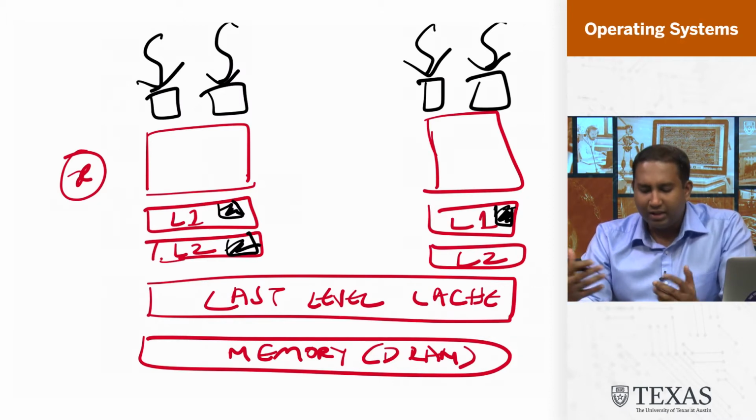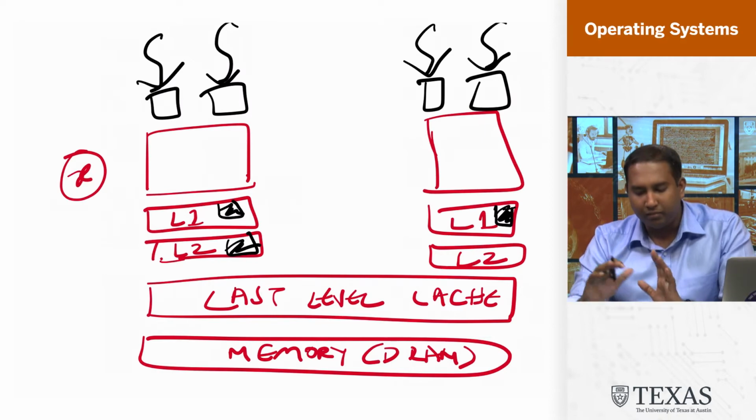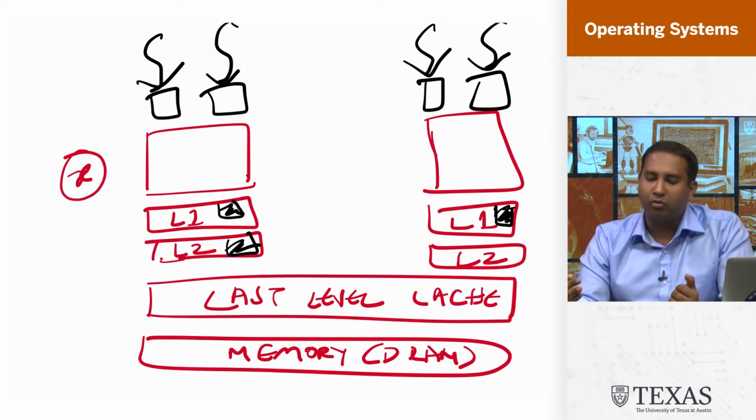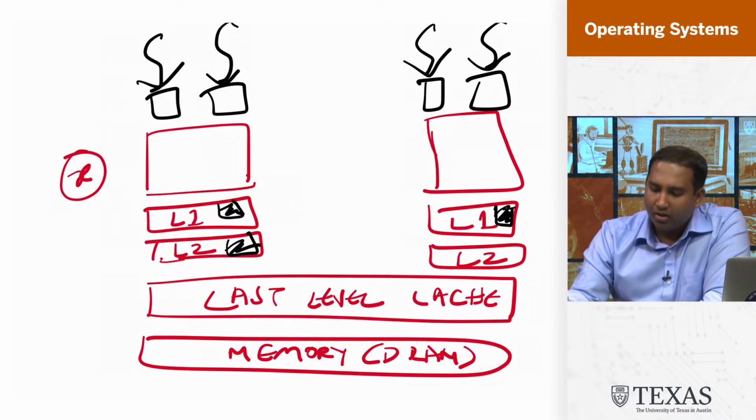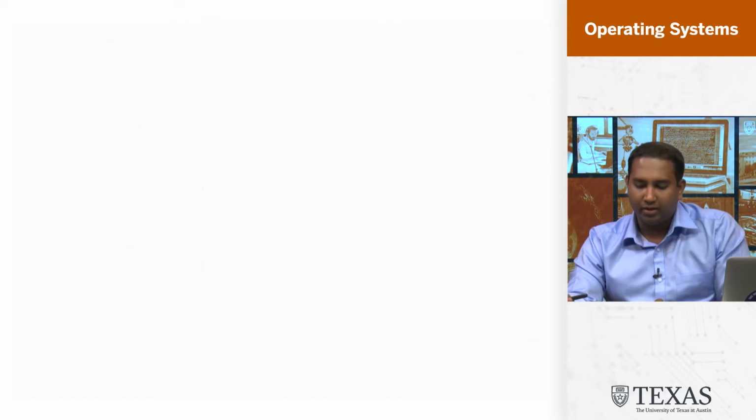So these are all details to keep in mind. The programming that we're going to do in this class will not really depend upon knowing these details, but it is something to know in the context of concurrent programming.